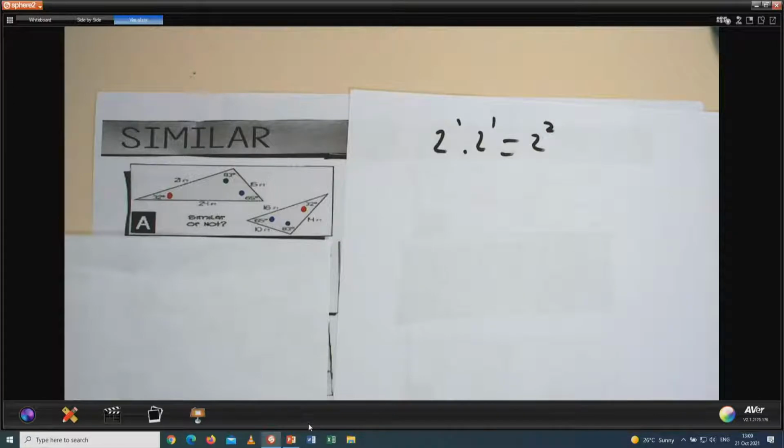Now let's look at, for example, the red angle, and look at the sides opposite the red angle. Or should we look at the blue? It doesn't matter which one.